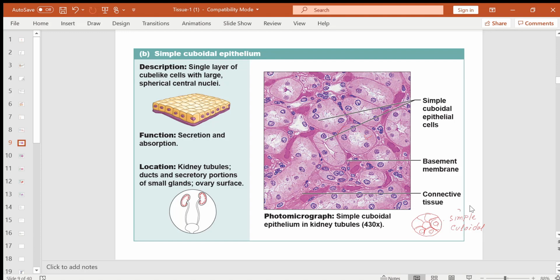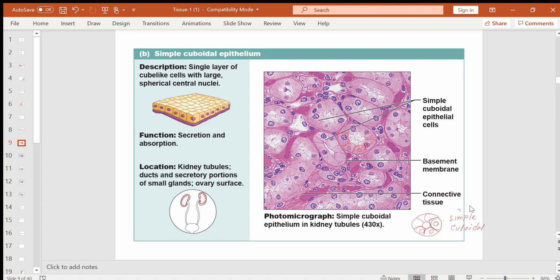Makes sense? Now the problem is when you see the tissue under the microscope, it is not that easy. It is very challenging. You have to be very careful. Let's see how you know that the cells in the wall are cuboidal shaped, because in many cases the wall of the cell is not clearly seen under the microscope. Actually the cells should be like this, with the purple nucleus.